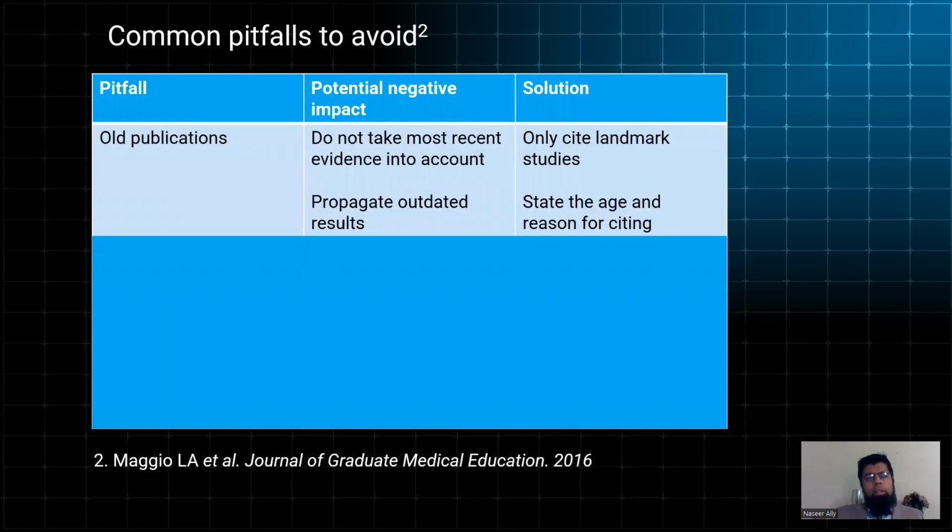Okay, so then I'd like to focus on other common pitfalls to avoid, such as only looking at old publications. The problem with this is it may not take the most recent evidence into account.